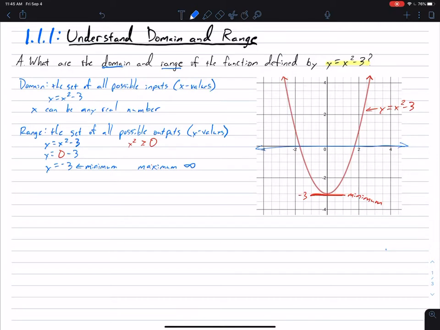Now that we've talked about what the domain is and what numbers are in our domain for this problem, and what the range is and what numbers are in the range, we want to write this in some kind of form. The first form we're going to look at is called set builder notation.